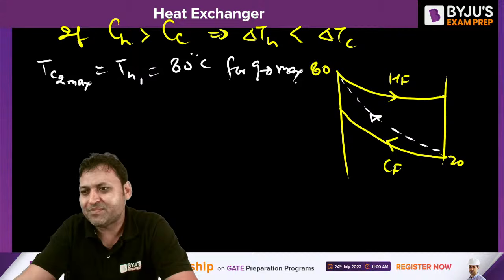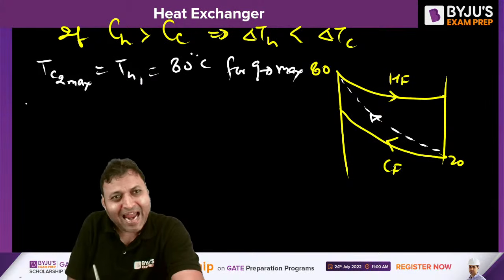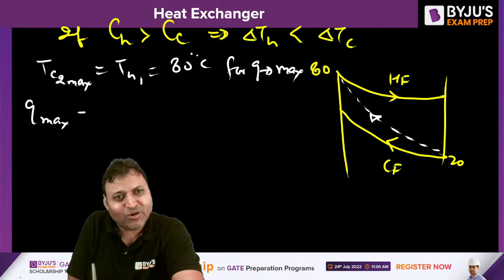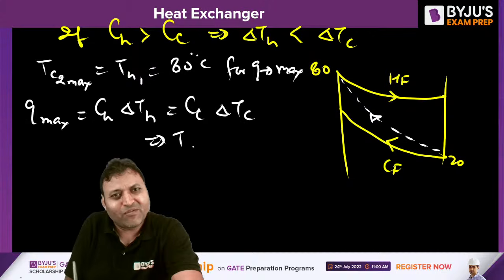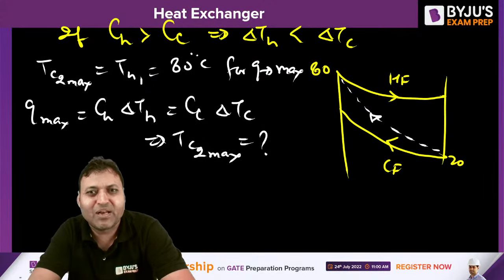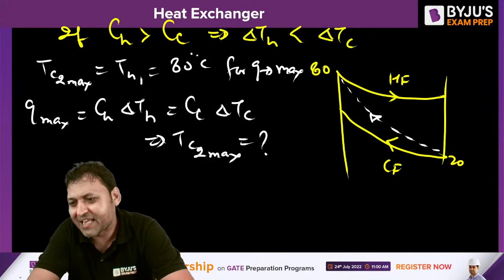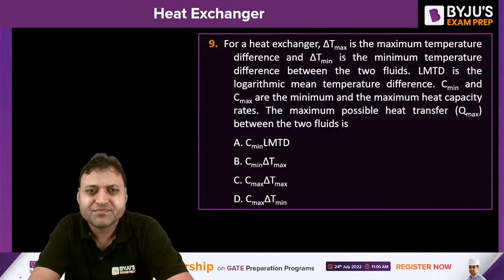Then we could have equated Q maximum as Ch into delta Th equal to Cc into delta Tc and calculated Tc. But because Ch is less than Cc, the answer will be 50 degrees Celsius. Is this clear to all of you? I hope it is clear to everyone.